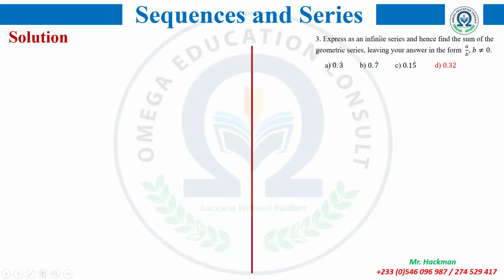If the question was just to express this in the form A over B, then someone can use the sequence and series approach, or use the other approach where you let S be equal to this, and you know the steps. But that's not the approach that we are looking at. We are looking at it from the sequence and series perspective.